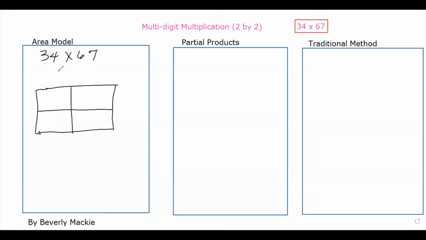We're going to use the expanded form of each of the factors, and it doesn't matter what number goes on top or on the side, but since this is the first one, I'm going to put it on top. And so 30, because we have 3 10s, so that would be 30 plus 4 ones. And for the 67, we have 6 10s, that's 60 plus 7.